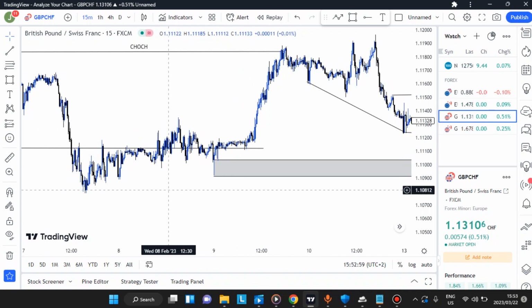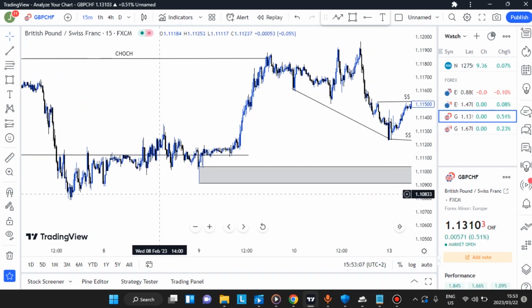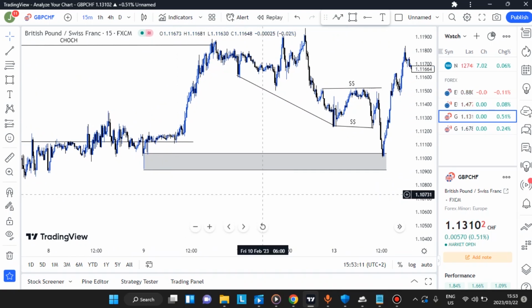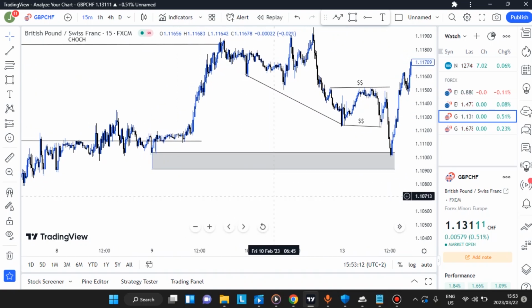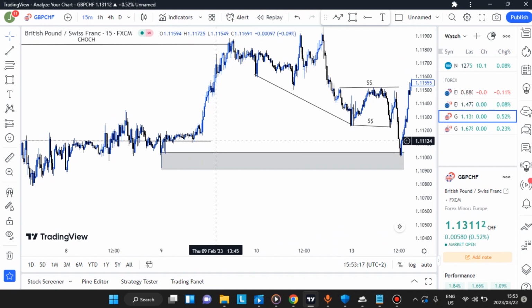So a QML helps you to identify the order blocks that are likely to hold. Order blocks that are in a close range with the QML are more likely to hold. Some people would prefer to put their buy from where the QML starts all the way to the end of the low.